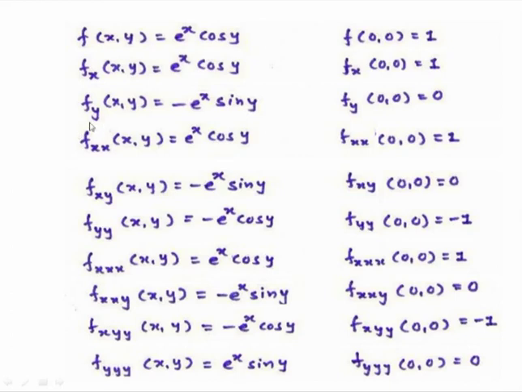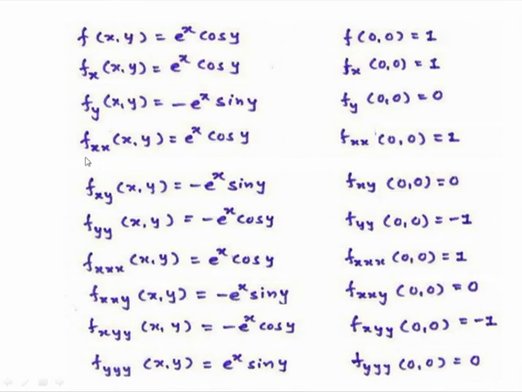Now we find partial derivative of f with respect to y at point (x,y). So e raised to x is as it is and derivative of cos y is minus sin y. And we find this value of partial derivative at (0,0) point. So because of this sin 0 is 0, so fy at (0,0) is 0.